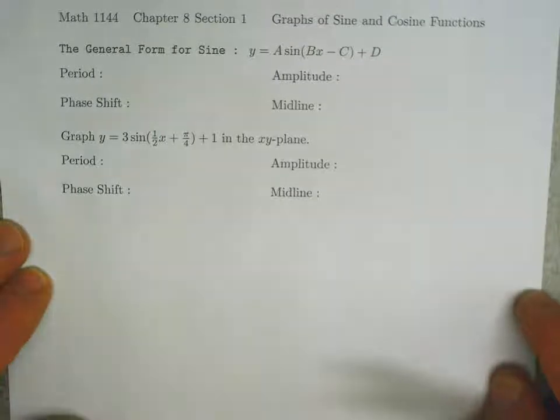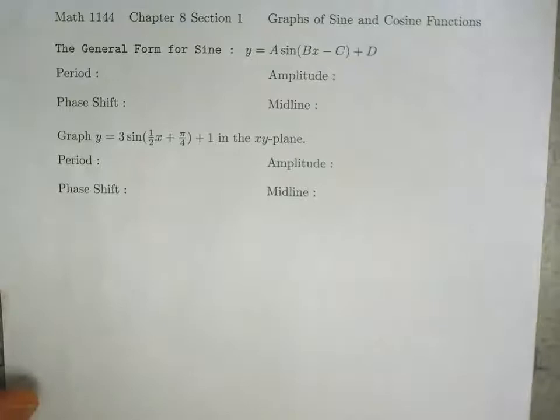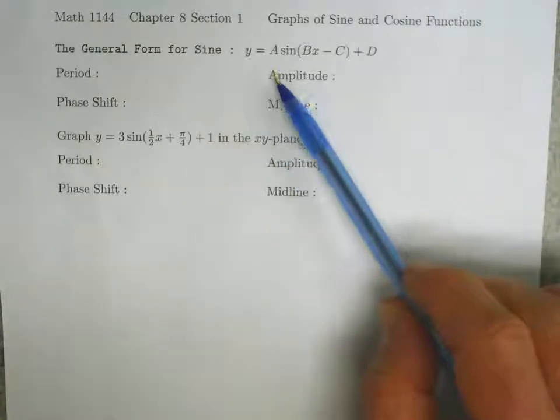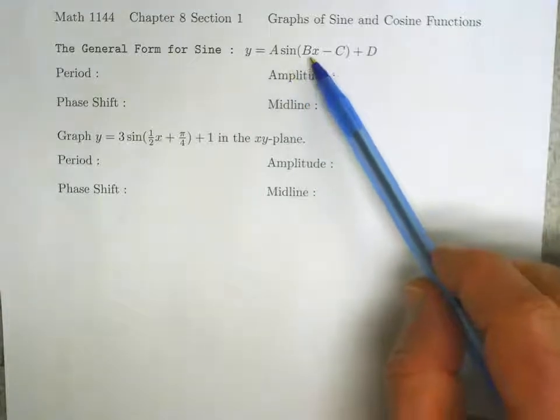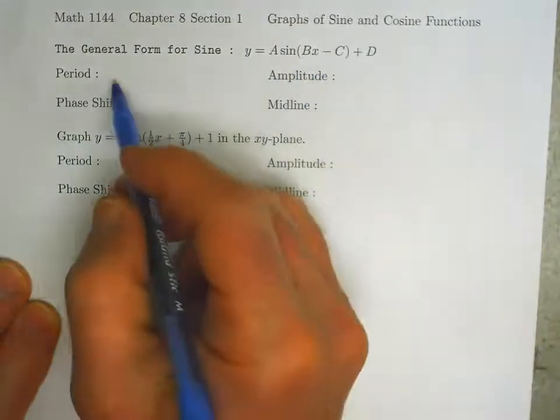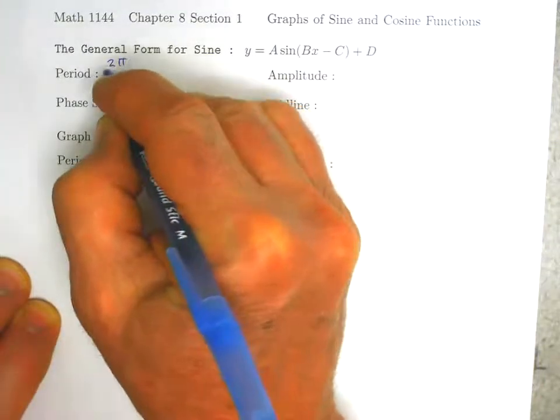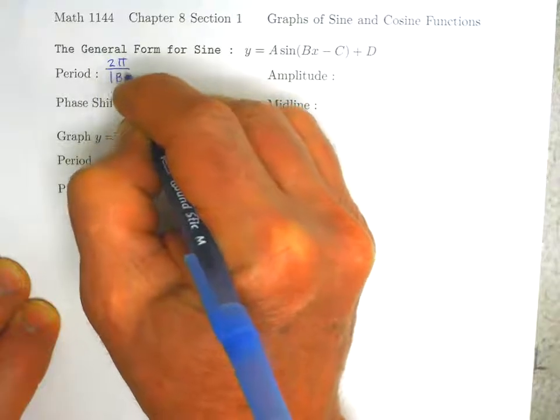Okay, so here's the general form. y equals a times sine of bx minus c plus d. The period, if it's in this form, is 2 pi divided by the absolute value of b.